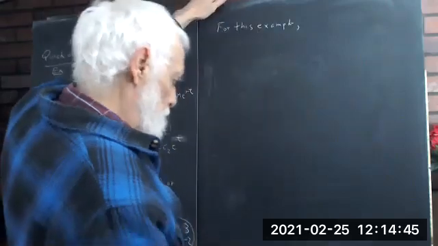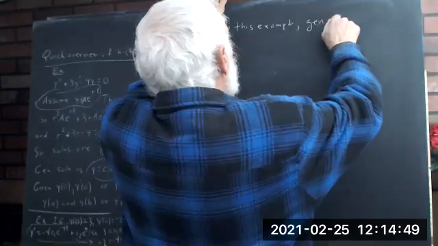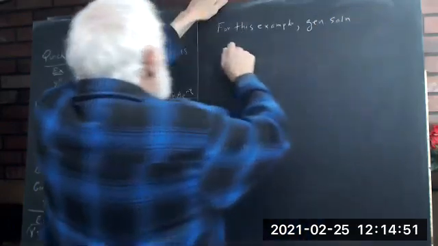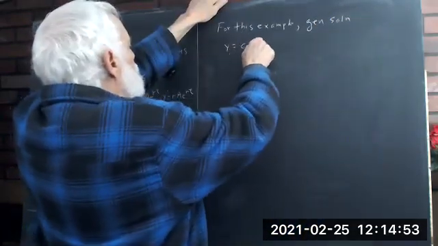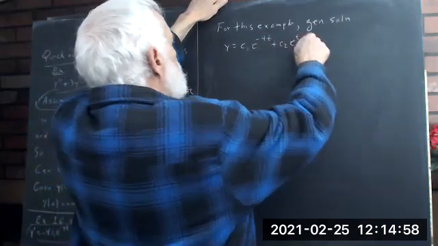Okay, anyhow, for this example, your general solution is y equals C1 e to the negative 4t plus C2 e to the t.